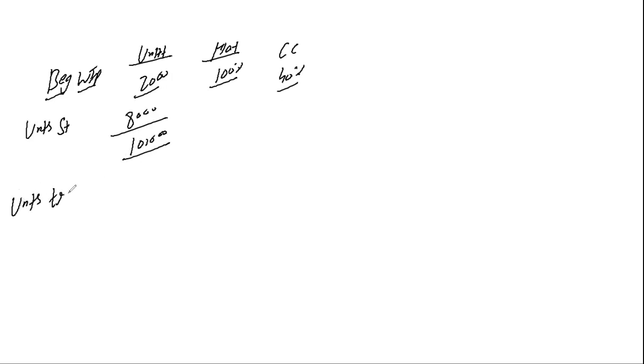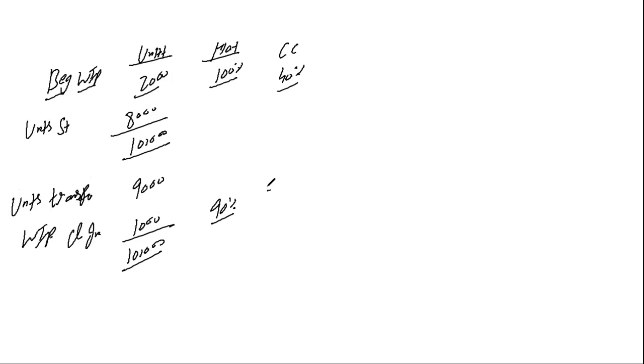Units transferred, earlier I told you transferred means completed units. And work in process closing inventory 1,000 units. So like that total we are having 10,000 units. Closing percentage, we are having 90% for the materials and 70% for the conversion cost. Students, this question I have to solve for the FIFO method.